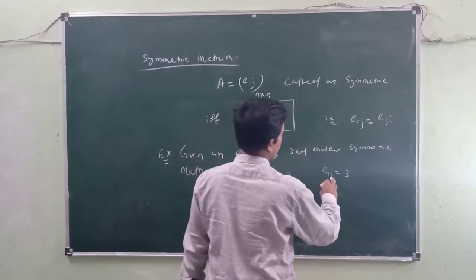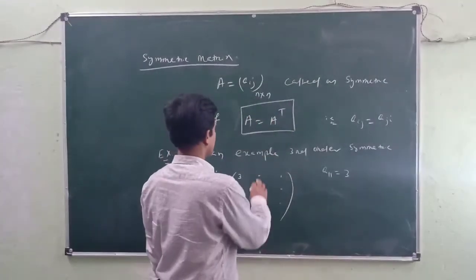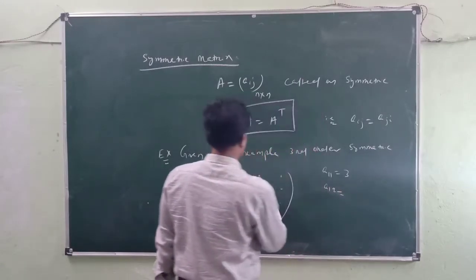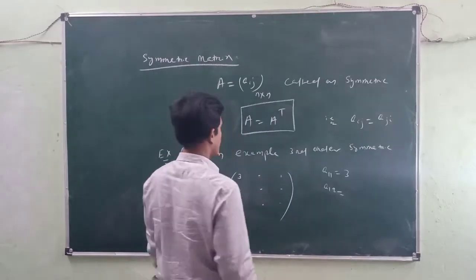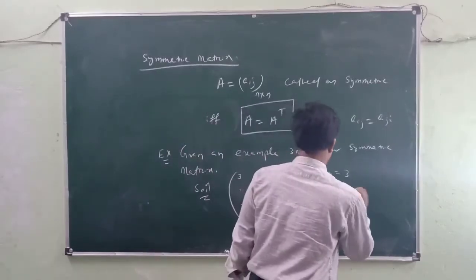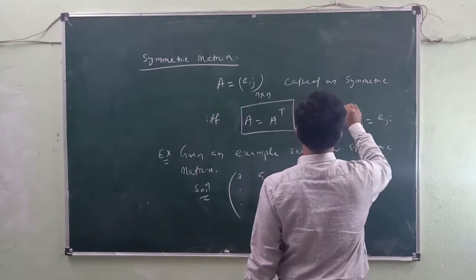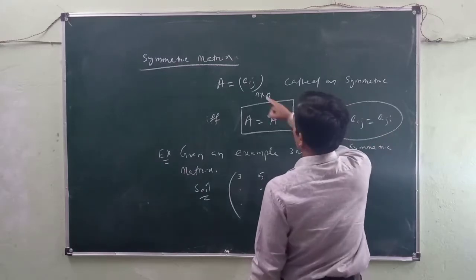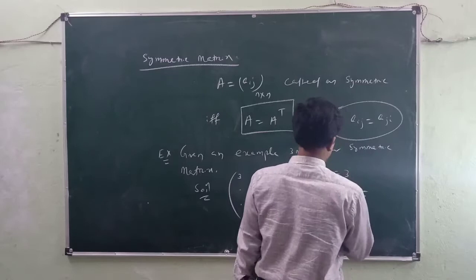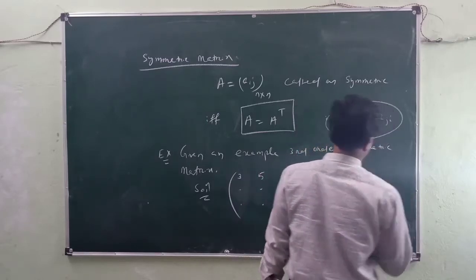Then a12, you write any value. Suppose I write 5. Then look, since a12 equals 5, and in case of a symmetric matrix a_ij equals a_ji, this 5 will be the value at position a21.